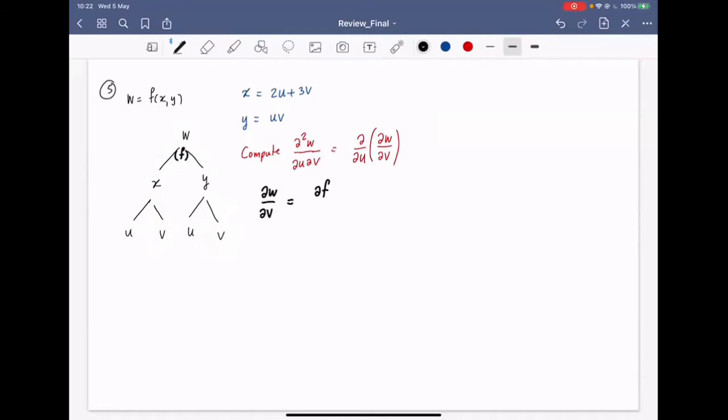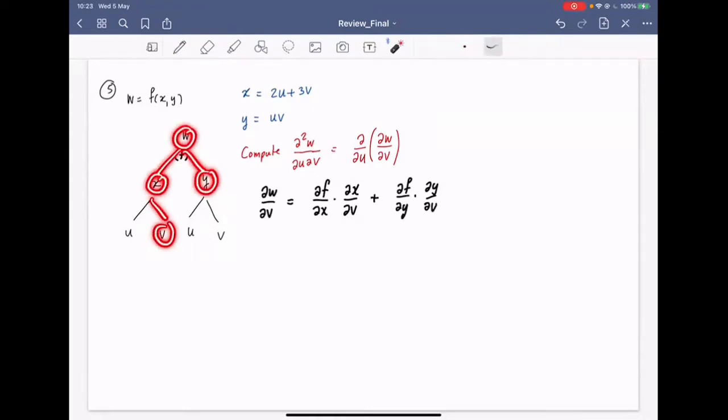So differentiate f with respect to x, and then x with respect to v, and then differentiate f with respect to y, and then y with respect to v. This is complete by using the chain rule, because in order to go to v, you have two ways: via x and via y.